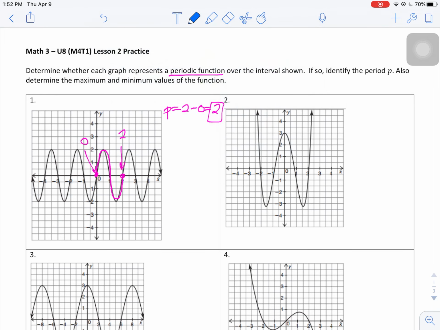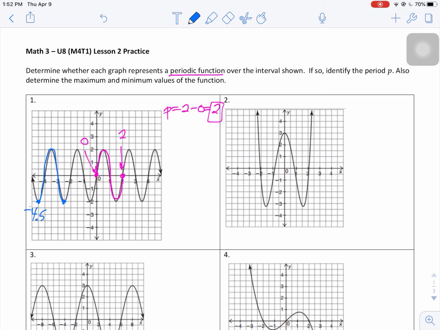Other ways to visualize it, you could go valley to valley, so lowest point to next lowest point. This is an x value of -5. This is an x value of, I lied. It's not -5. If I look at my x-axis, it's going by halves. It's going by 0.5s. So that's actually -4.5.